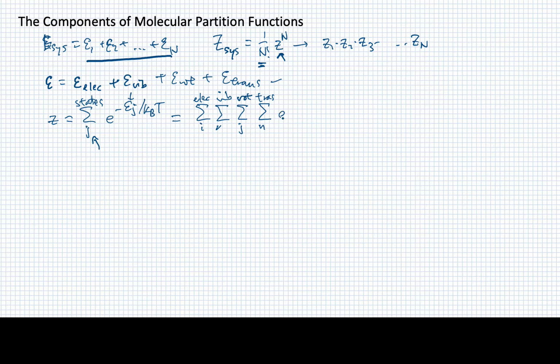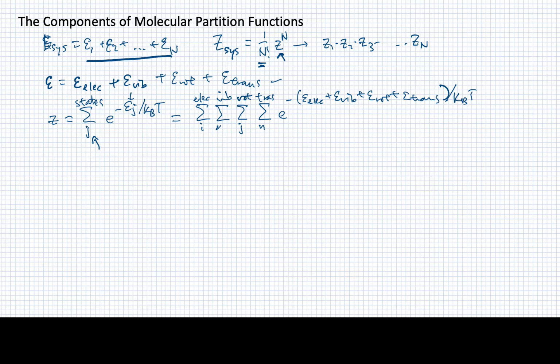And my element in the sum is simply going to be the sum of all of these contributions: electronic energy plus vibrational energy plus rotational energy plus translational energy, divided by kBT.